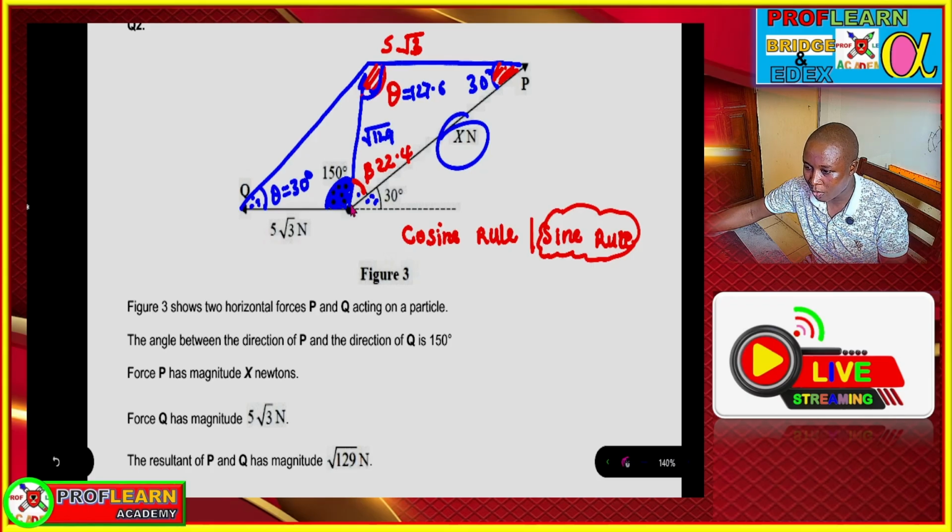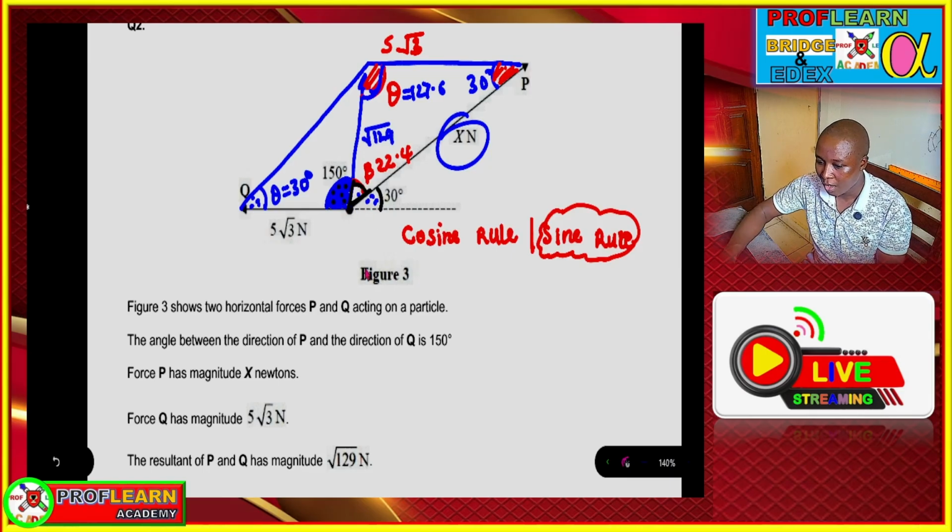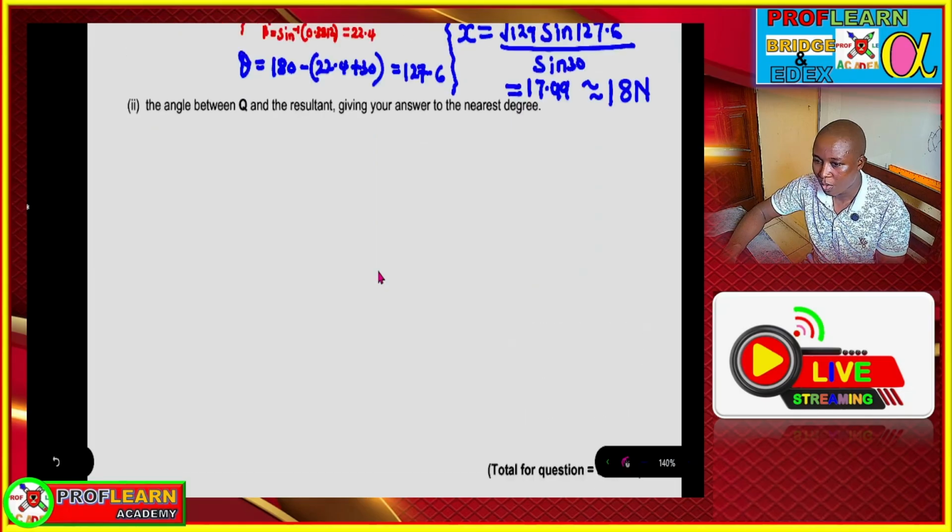But remember, we already have this angle here, and also this angle. So if we consider this as a straight line, we can work out that angle.